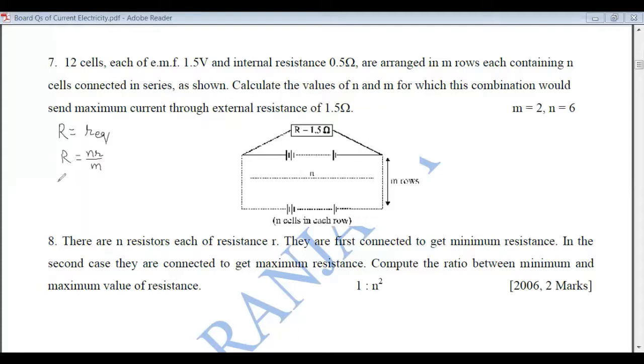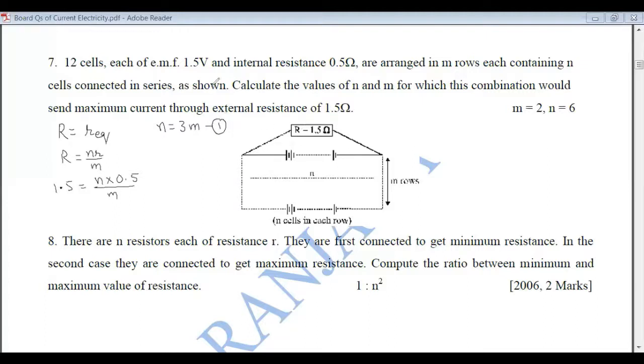Substituting the values, the external resistance is 1.5 ohms, n, and the internal resistance is 0.5 ohm upon m. On simplifying it, we get n is equal to 3m. Let this be equation number 1.